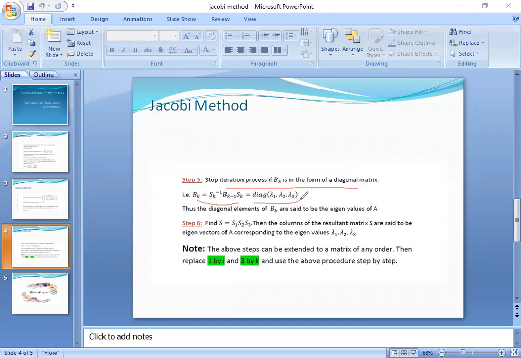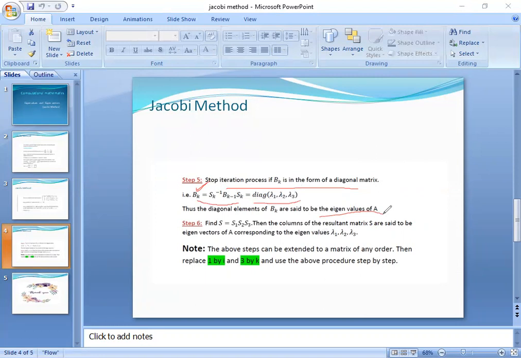Since A is of order 3, it will have 3 eigenvalues, so the diagonal matrix will contain 3 diagonal elements. We are taking them as lambda 1, lambda 2, lambda 3. And we know that the diagonal elements of the diagonal matrix Bk in the diagonalization process are the eigenvalues of the matrix A. By this process, all the eigenvalues of matrix A are obtained.